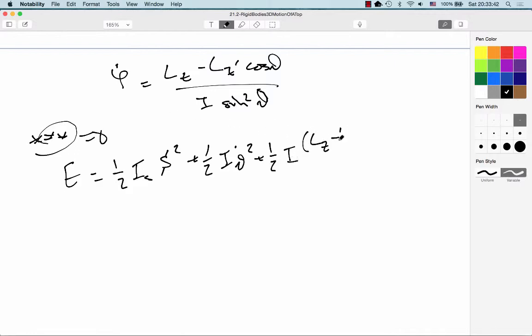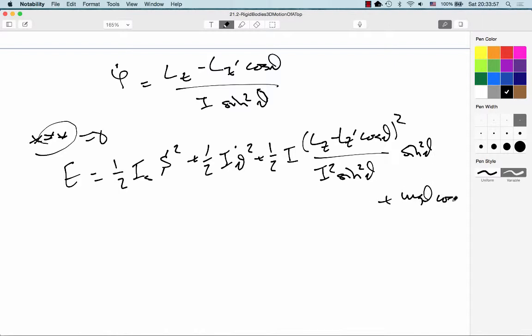It'll be (LZ minus LZ prime cos theta) squared over I squared sine squared theta, times sine squared theta, plus MGL cos theta. All right, cancel, cancel. We can partially cancel one of those I's.